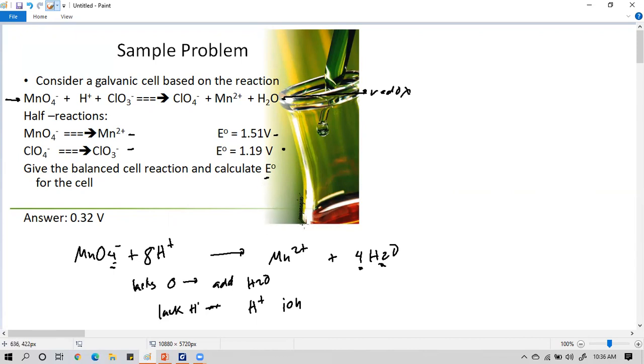But since this is a redox reaction, you need to balance the charges to maintain the charge balance of the reaction. If you notice, on the reactant side we have -1 and 8 positive charges, which gives a 7 positive charge.